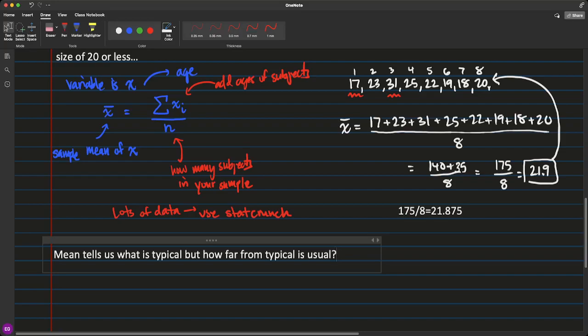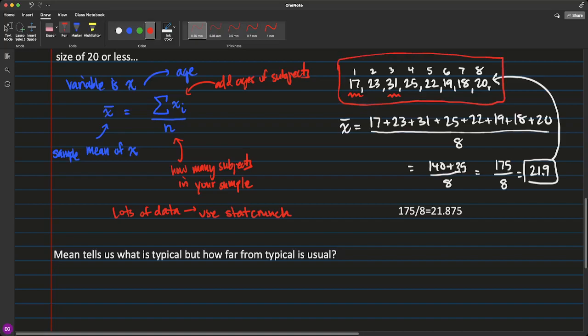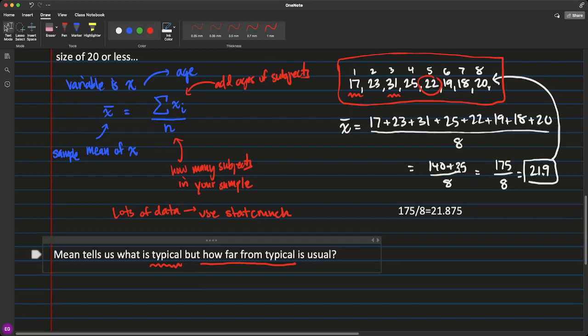But like from this age example up here, the typical age of 22, some people are not 22 and in fact are a lot older or a lot younger than 22. So now what we're wondering is, if you know what's typical, how far from typical do people usually go? Some people are obviously like this person who's 31, a lot older than everyone else, but usually how close to typical are most people is the big question.